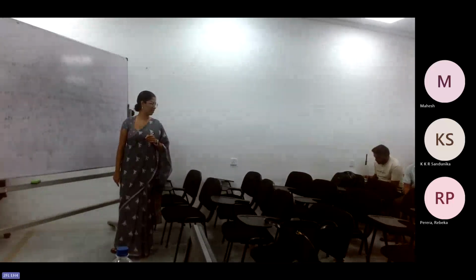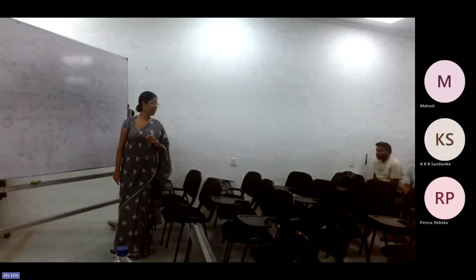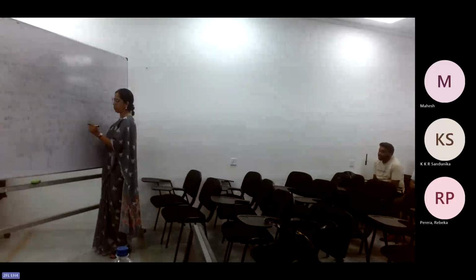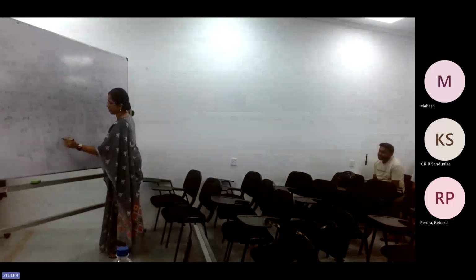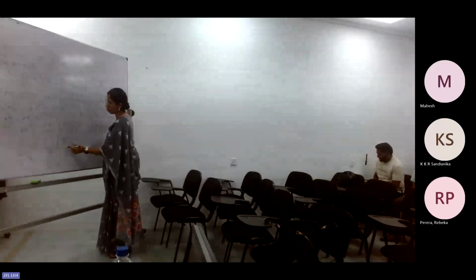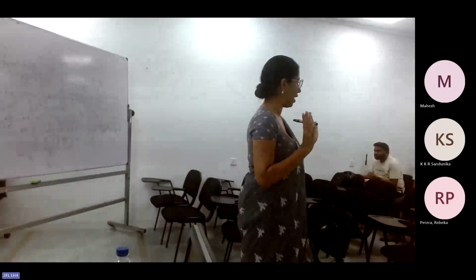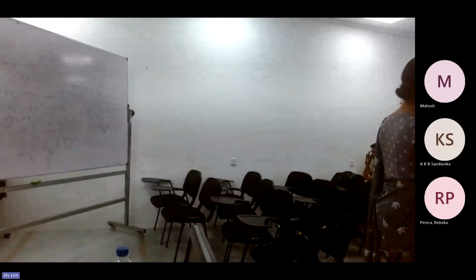How much? 63. So here you can see 63 is greater than minus 2. So the second condition is also satisfied: the slope of MC is greater than the slope of MR. So this is the profit maximizing quantity.